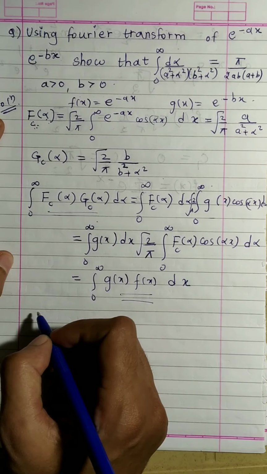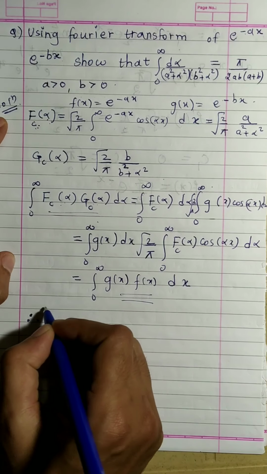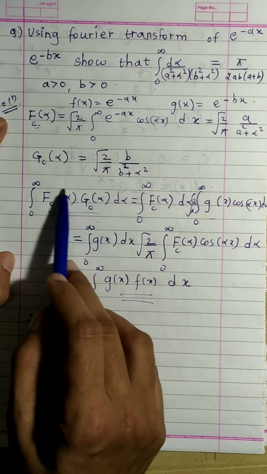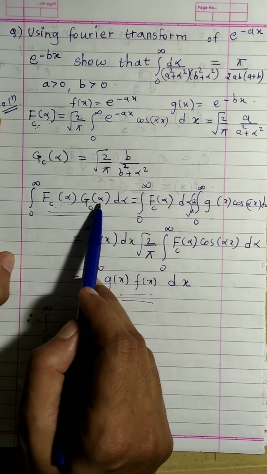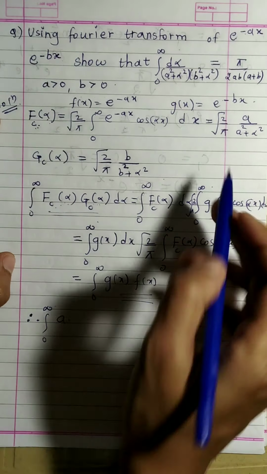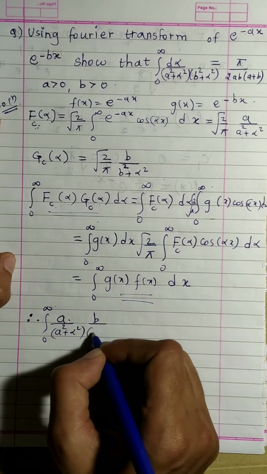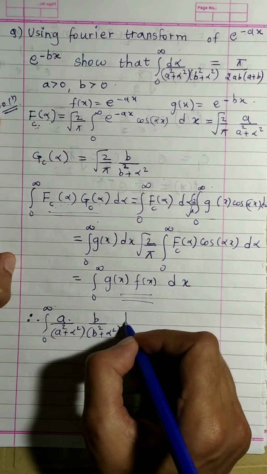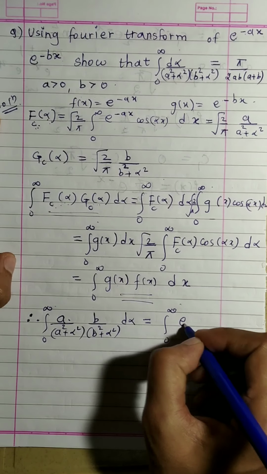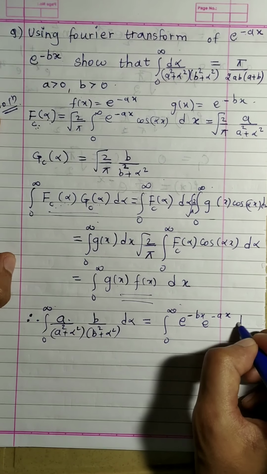Therefore, by using this, the integral from 0 to infinity of the cosine transform of function f of x into the cosine transform of function g of x, what we will get is a divided by a square plus alpha square into b divided by b square plus alpha square d alpha, equal to the integral from 0 to infinity e raised to minus bx into e raised to minus ax dx.